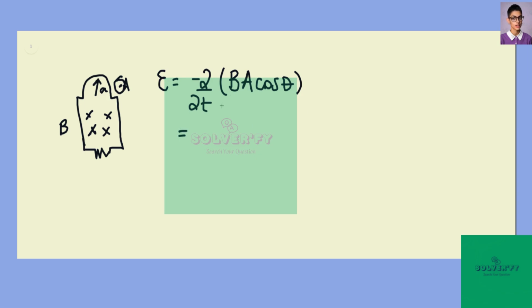So then what is actually dependent on time? We need to figure that out before we can evaluate a time derivative. B and A definitely don't depend on time, but the cosine of the angle between them does. So we're going to need to evaluate the time derivative of the cosine of the angle.